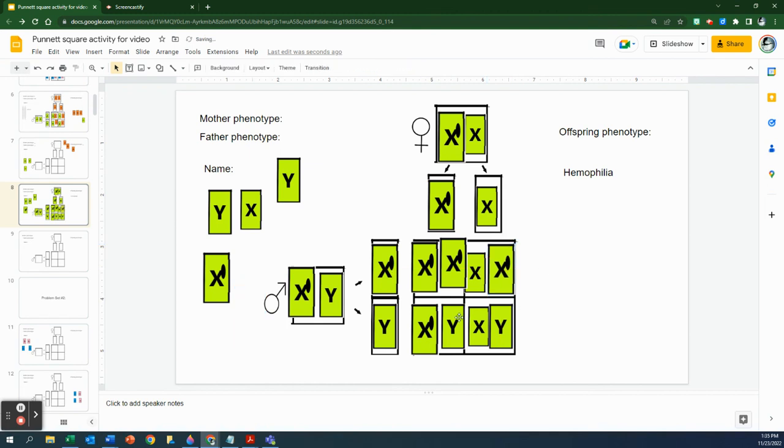And then you're going to look at this interpretation. So now you have a female who's a hemophiliac, a female who's a carrier, a male who's a hemophiliac, and a male that is perfectly fine. So those are your options. So hopefully this is helpful.